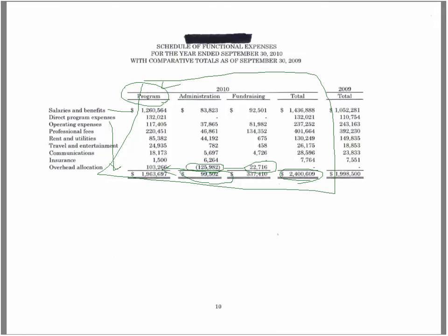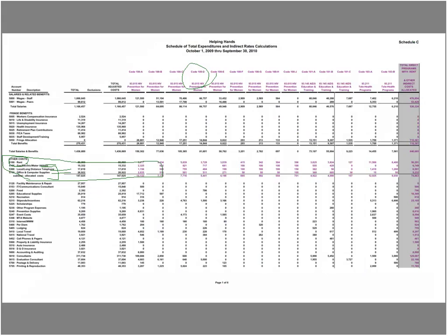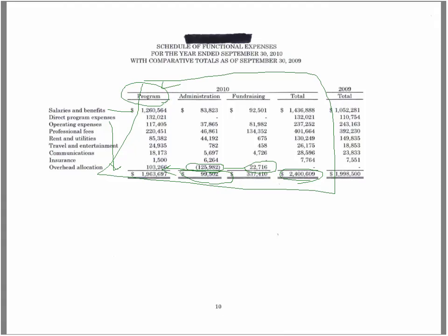The second thing you notice is that if you go back to their spreadsheet, they have, I think, over 40 or 50 different cost codes here. They have many different program codes. But when you go back, again, you see that for program, they summarized all of it. They summarized the admin area and the fundraising area into just these three columns.